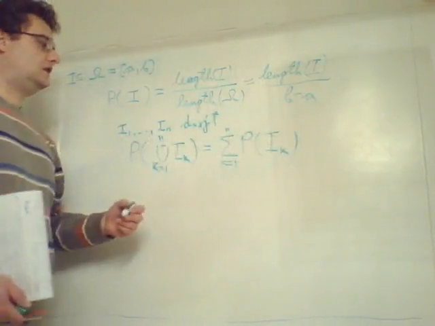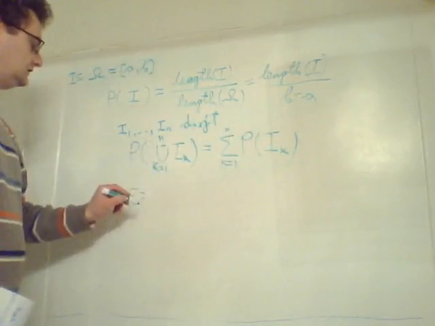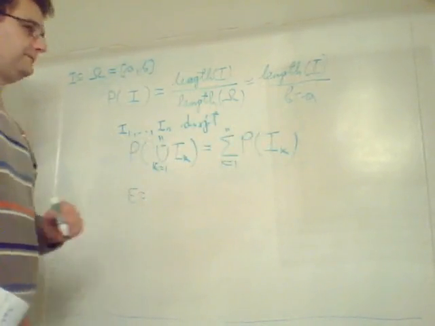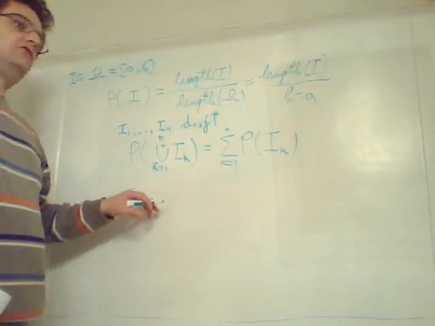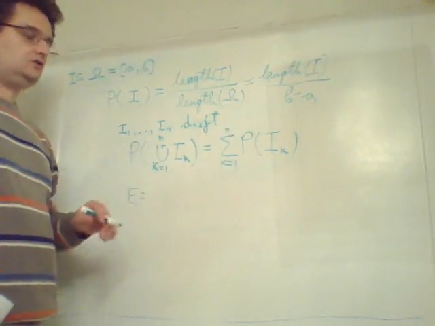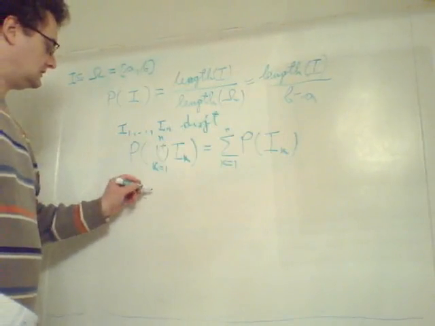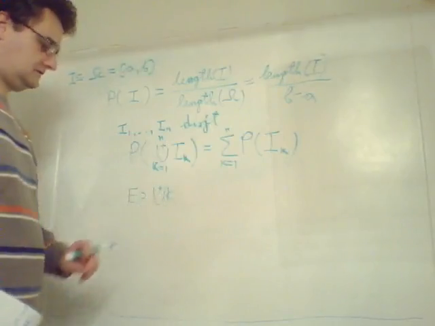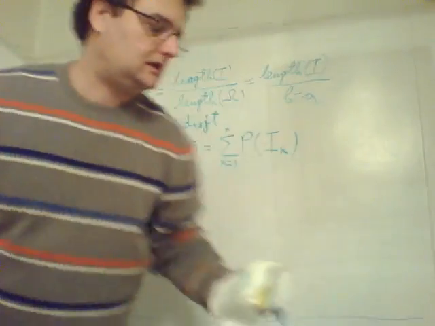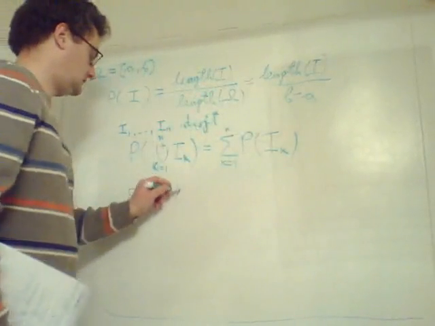So now we have a set E called elementary set, which means it's a finite disjoint union of intervals. We take only finite unions, but disjoint.